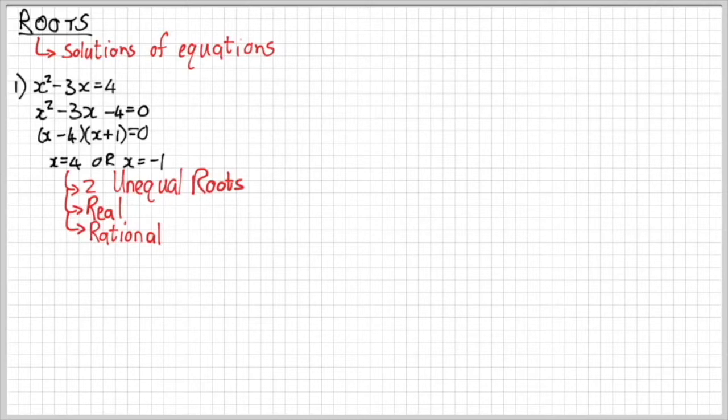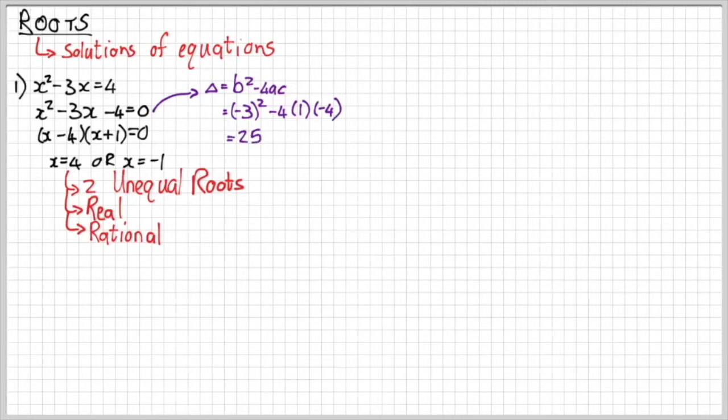Now you might go and say, yeah, sir, but why don't we use delta? Well, we can. Definitely, in this scenario, we can use delta. So in other words, I could just as well, once I've got equal to 0, go towards delta as b squared minus 4ac, substitute b with negative 3, a with 1, and c with negative 4, and I find that delta is equal to 25.